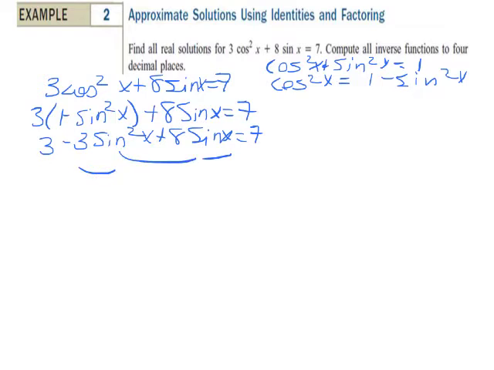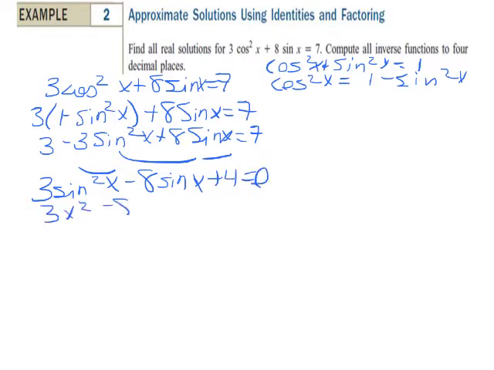So now I've got 3 sine squared x minus 8 sine x, and 7 minus 3 is 4, plus 4 equals 0. Again, if you think of this as 3x squared minus 8x plus 4 equals 0, you can factor this. And what you're going to factor it into is 3x minus 2 and x minus 2.